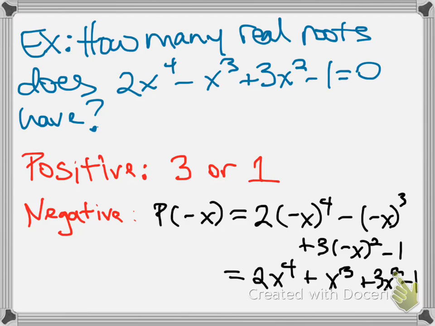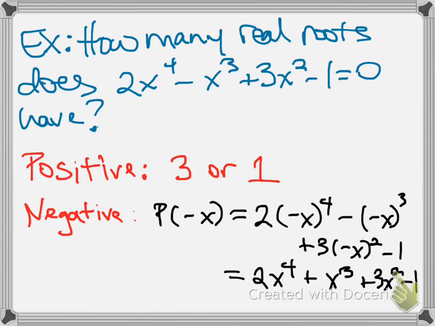Now we need to go in and count the number of sign changes that occur. Well, our polynomial starts off with a positive 2. Then the next coefficient is also positive, as is the third coefficient. And we don't end up with a sign change until we get down to the constant term.